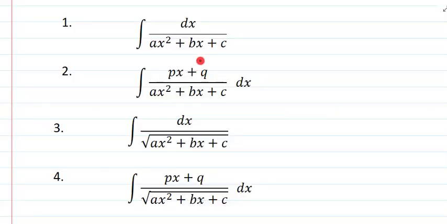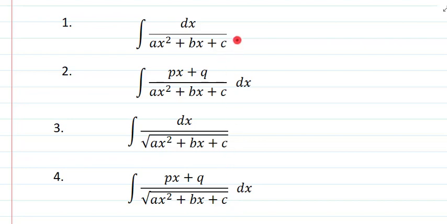Today I am going to discuss these 4 types of integration with you. Basically, only one step is different in these results, that is to convert their denominator into the form of the 7 forms that we have done in the previous video.